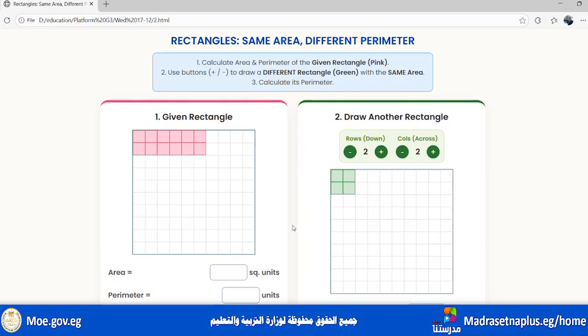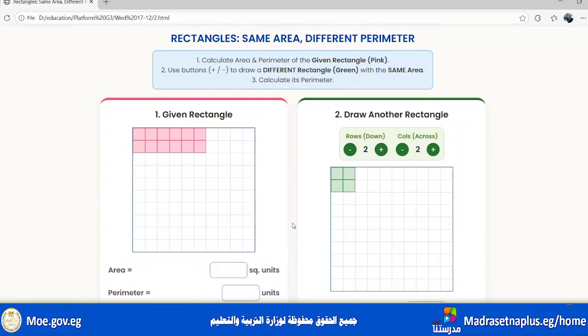In front of you, we have what? On the left, we have a rectangle with area and perimeter. Let's get the area first. What's meant by area? The squares. How many squares can you count, or you can get the area another way, like rows times columns or length times width.